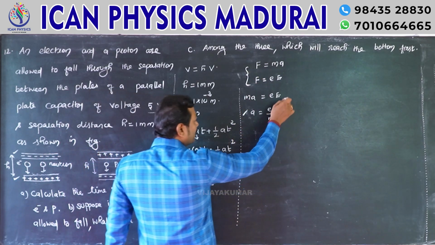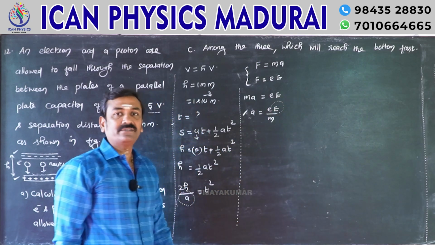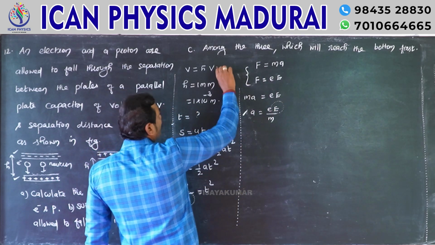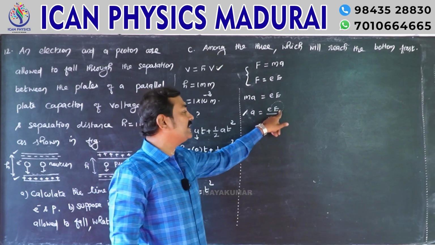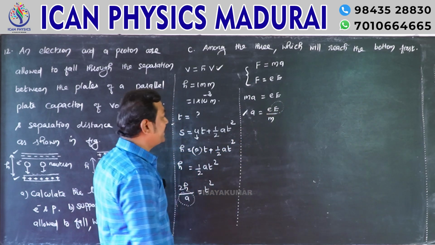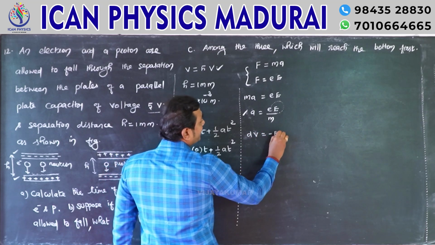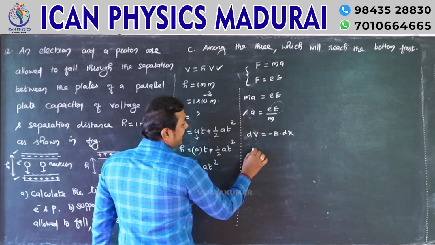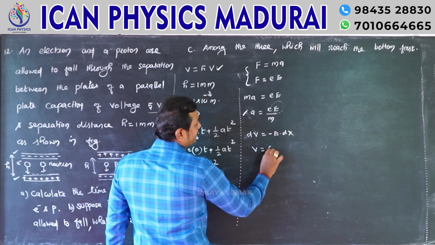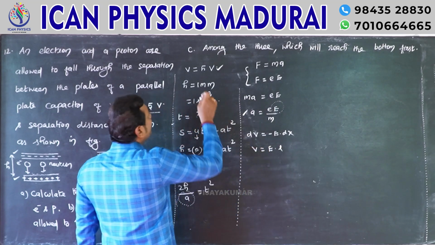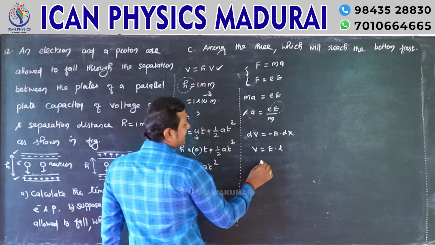But we have to calculate the value of electric field. The potential is given, and we have to calculate the electric field. So, what is the relation between the two? dV equal to minus E into dx. In general, V equal to E into L. Here, the length is taken as h.